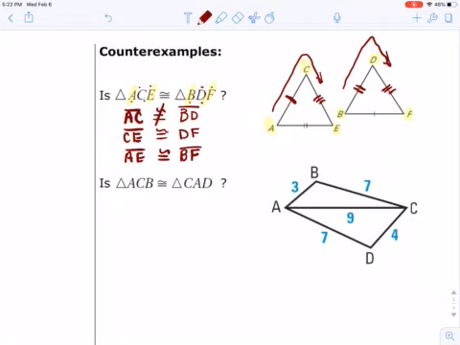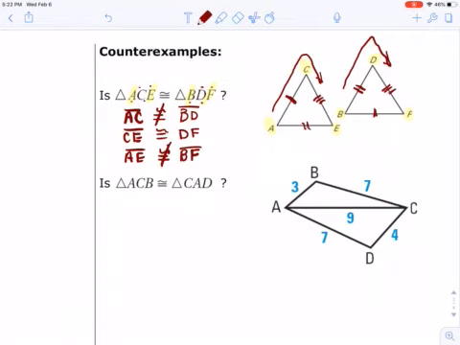So let's look and see. AE has 2, but BF does not. They're not congruent. Now, I think it's clear to see that these triangles are congruent, but this statement is incorrect.